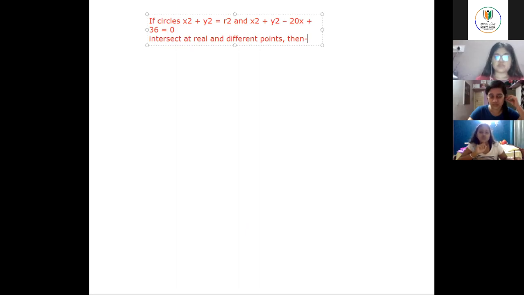These are two circles which intersect. So you have to tell me the value of r, which is real and distinct.